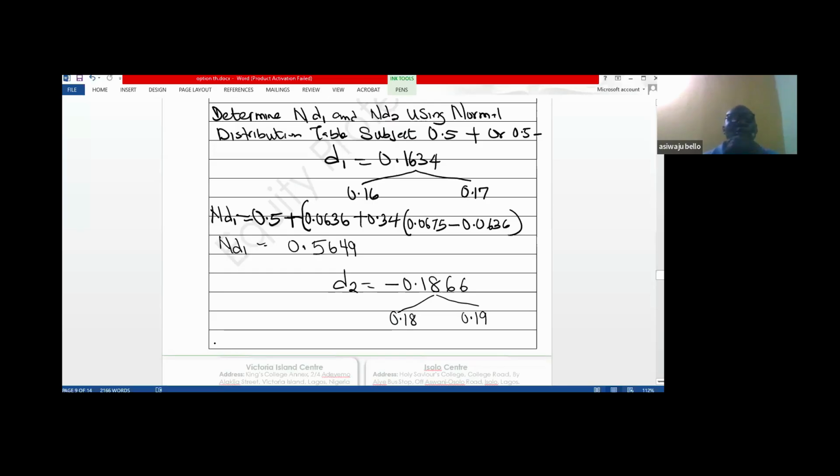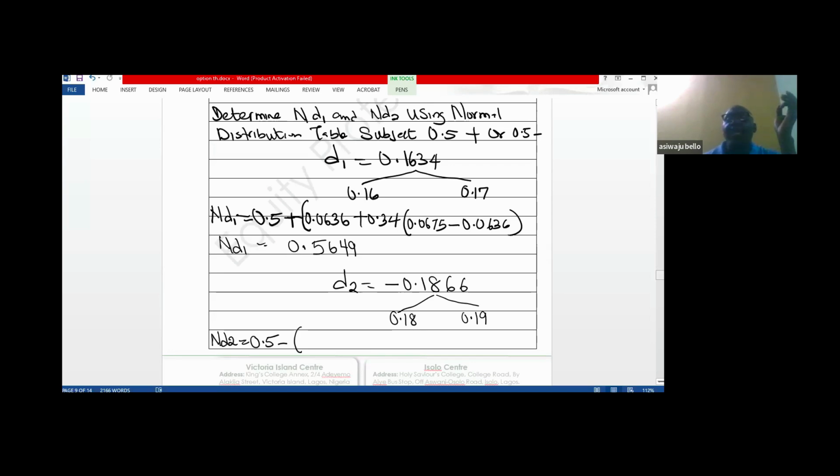Now come to your ND2. The sign here is negative. You are going to start with 0.5 minus. Open a bracket. We are going to check 0.1 traced to 8 and 0.1 traced to 9.